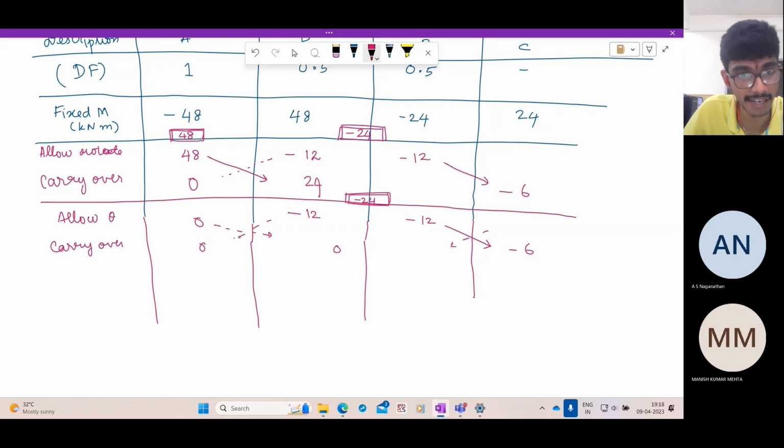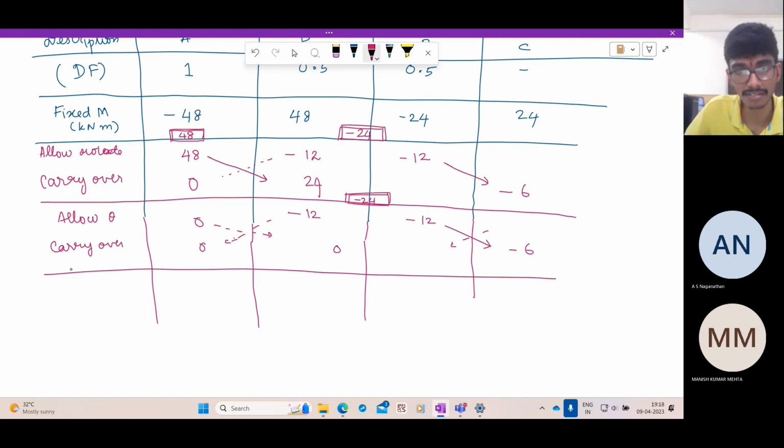Nothing can get carried over from the hinged far end because its carryover factor is 0. The fixed end cannot transmit anything to the other side, but from here it goes to the fixed end. Now this is the end of the iterations because all the carryover moments are 0 at this stage, and there is no unbalanced moment at the joint B.